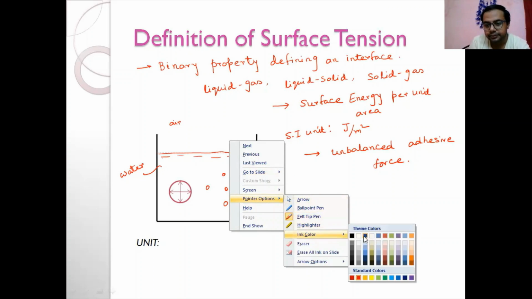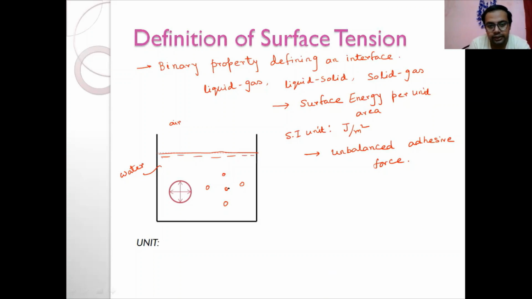This molecule is attracted by these molecules, and in the same way by those molecules. In this way it is attracted by all neighboring molecules in a spherical manner. So the statistical average force is the same from all sides. That's why it stays constant in that position, maintaining its own position. It is well balanced.